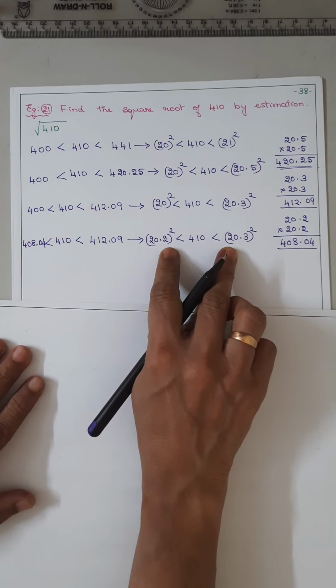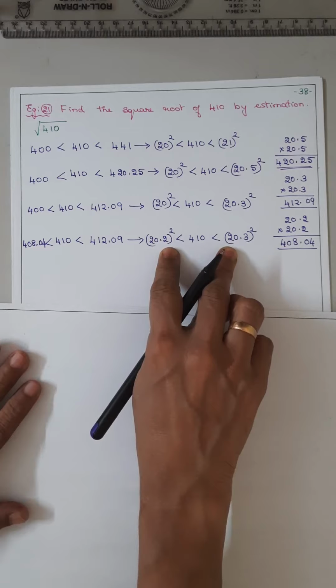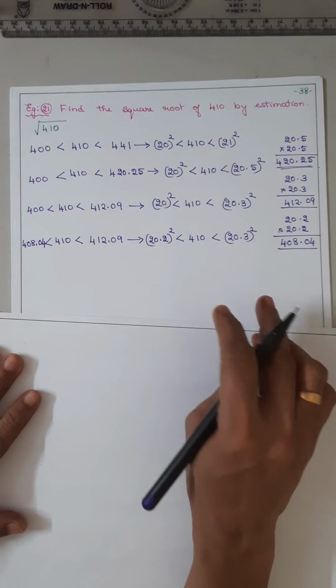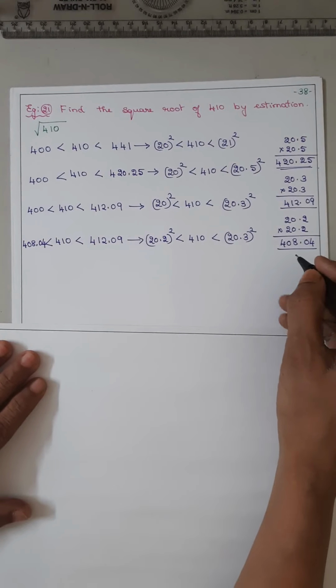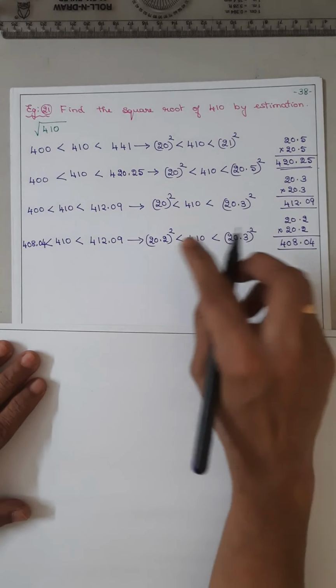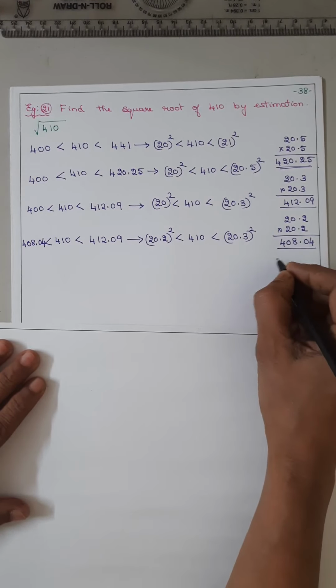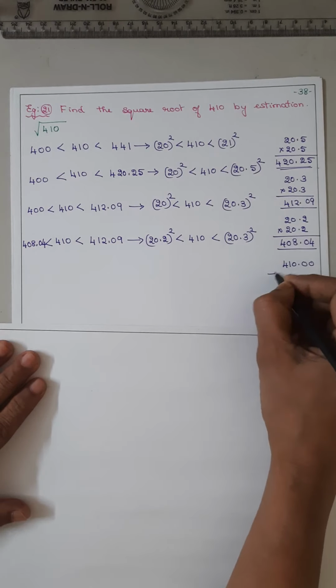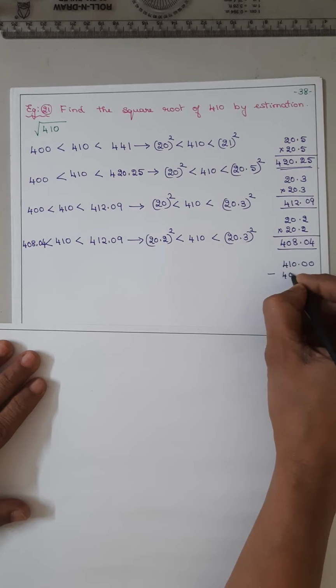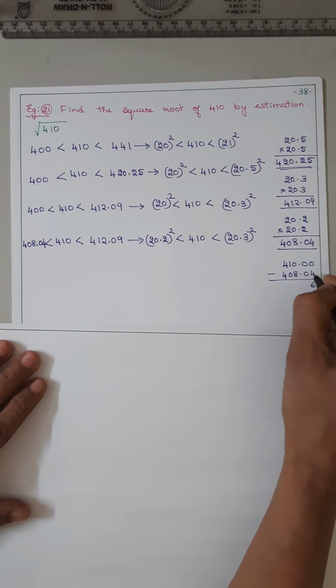अभी नेक्स्ट क्या करने का है? डिफरेंस. कौन सा डेसिमल नजदीक है? चलो अभी देखेंगे डिफरेंस. सो 410 बड़ा है ना. 410 minus 408.04. 10 minus 4, 6.